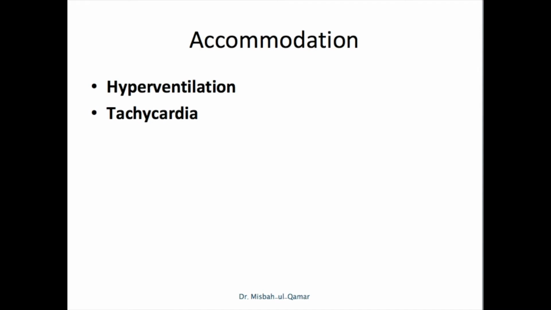The same peripheral chemoreceptor stimulation results in tachycardia and increased cardiac output also, which would mean increased oxygen delivery to tissues, which is beneficial, right? At the same time, this stimulation also causes an increase in 2,3-diphosphoglycerate due to hypoxia and alkalosis.